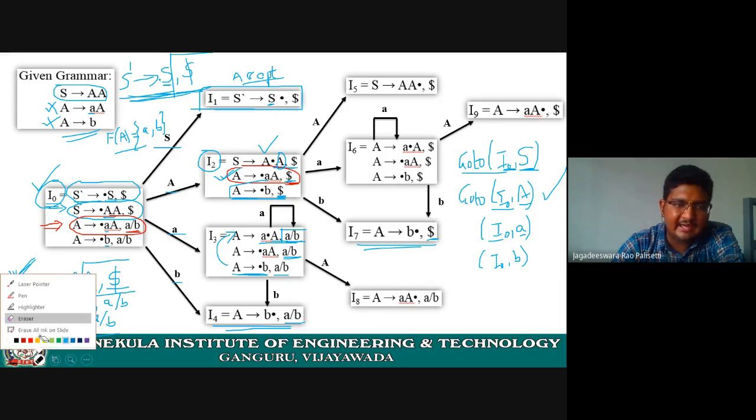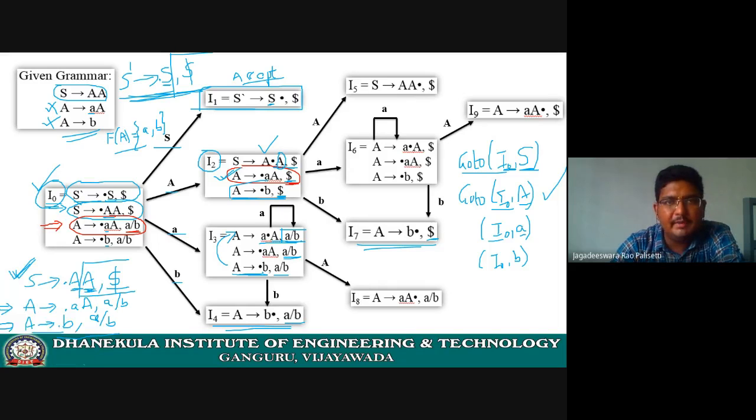So why are you adding A tends to small b? Because of this capital A. So because of this capital A, I added this particular production. So perform the first function on that only. After capital A, whatever you have, perform the first function. If you perform the first function for small a, it is a. First function for small b is again b.